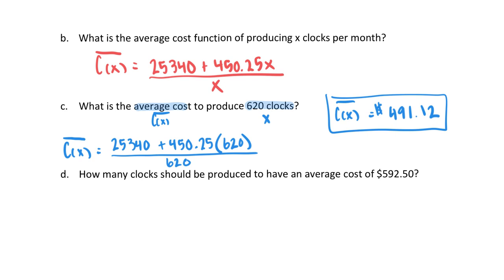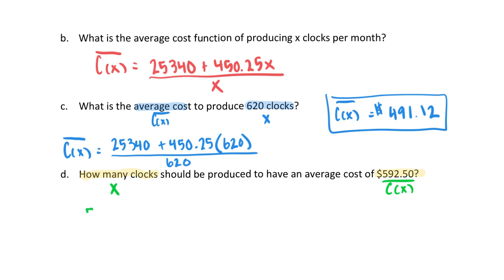Okay, let's look at this next one. This last one is asking us how many clocks, so that's what we're trying to find, should be produced to have an average cost of $592.50. So I know that I need to find my x when I have my average cost.